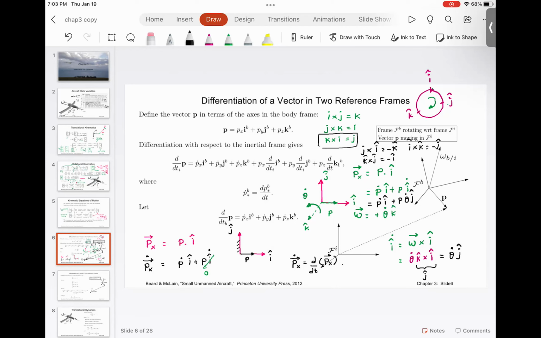So you have I, you have J, and you have K. And this frame is rotating at theta dot. And what you have is, you have a vector which is Px. Now, what's going to happen is, I want you to think about it. Imagine for a second that this is the point.